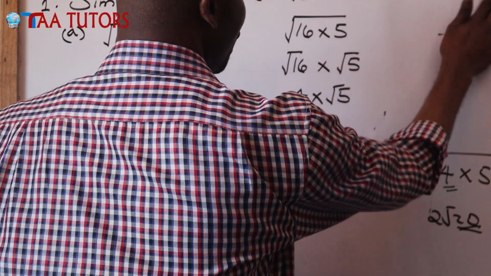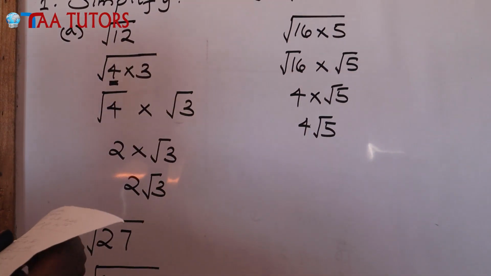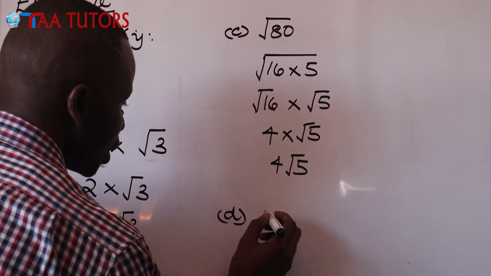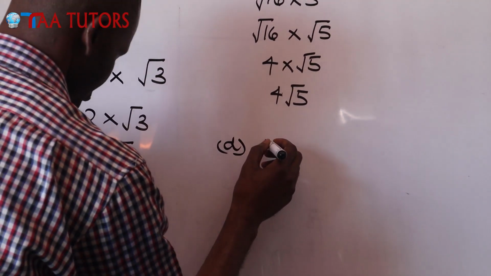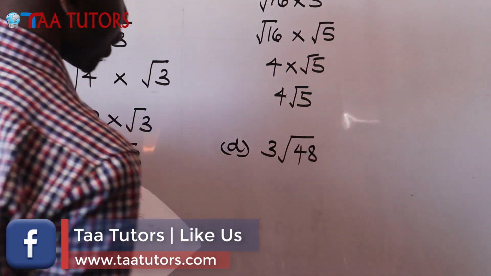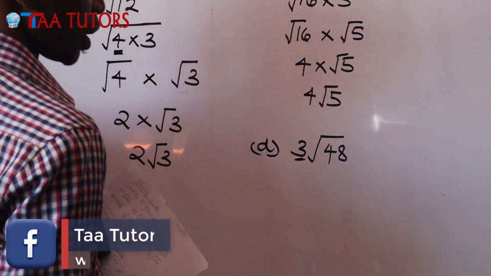Let's look at another example. What about if we have 3√48? You realize that now we have a number, the coefficient of a surd here, and then we have 1 in the surd form there.